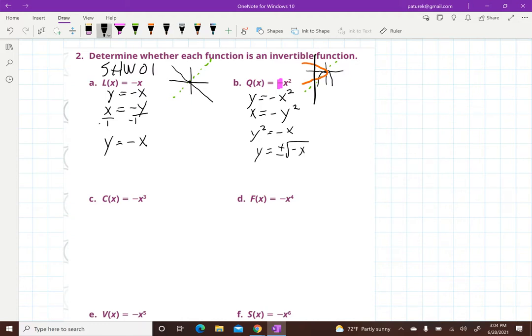Now, continuing on, if I really wanted to make this an invertible function, I could do that by restricting values of x to be only 0 and positive or only 0 and negative. It's my choice. If I restricted this to x being greater than or equal to 0 in the original function, then yes, this would be an invertible function.